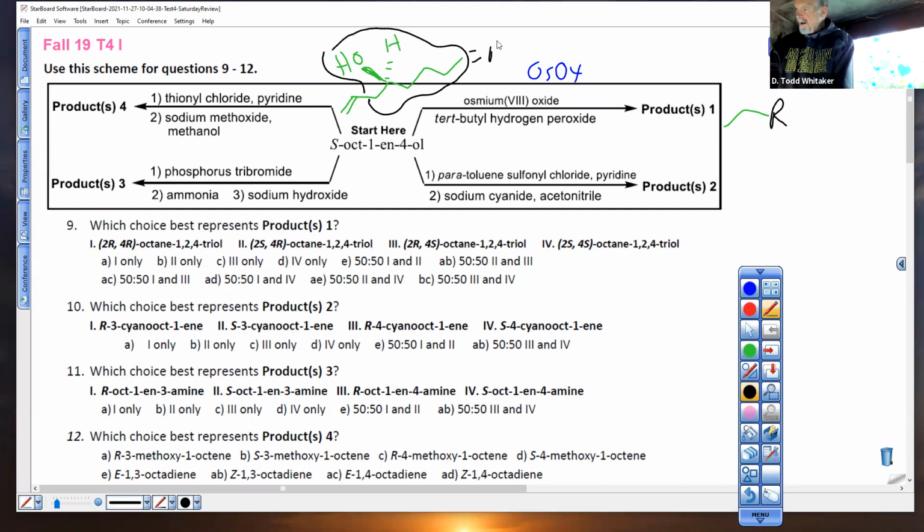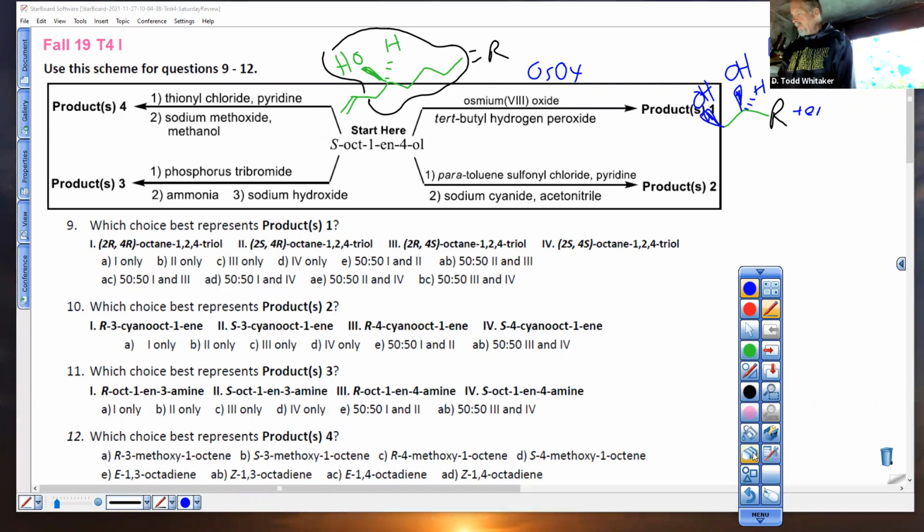That's R. And you're going to get a 50-50 mixture of two molecules, OH on wedge. I'll show it on a wedge here, although it's kind of silly on a CH2. That's half of them, and the other half is the enantiomer.